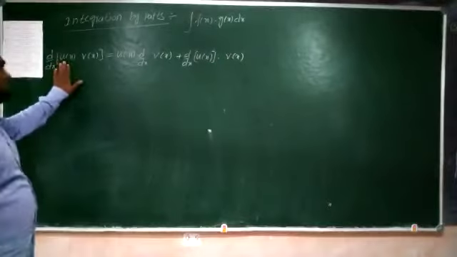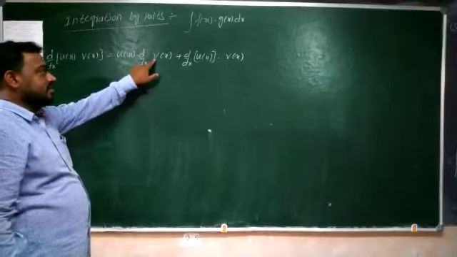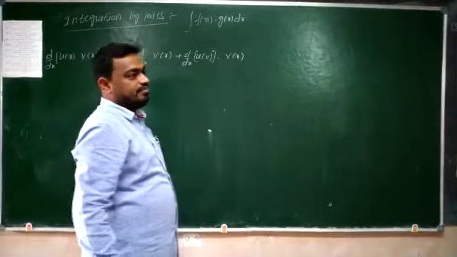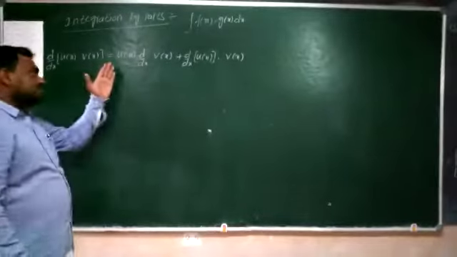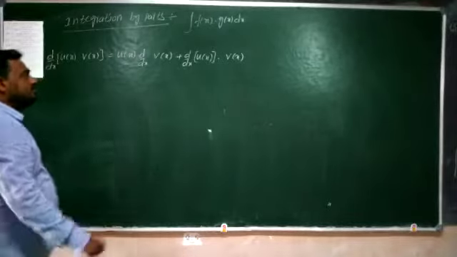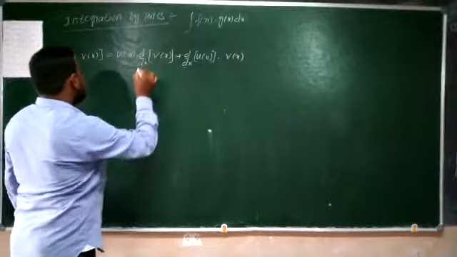The derivative of a product is the first one into the derivative of the second plus the derivative of the first into the second. So one function we are differentiating, the second we take as constant. This formula we know.